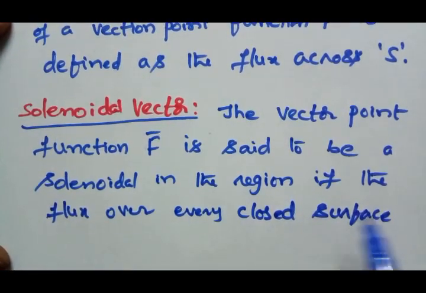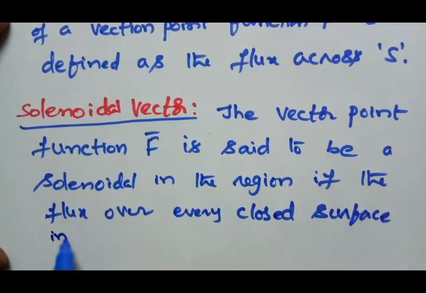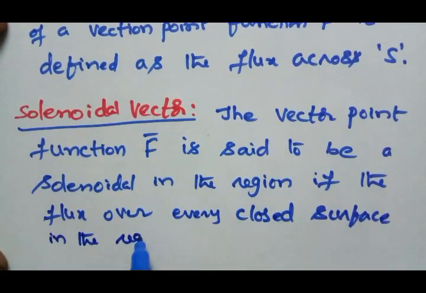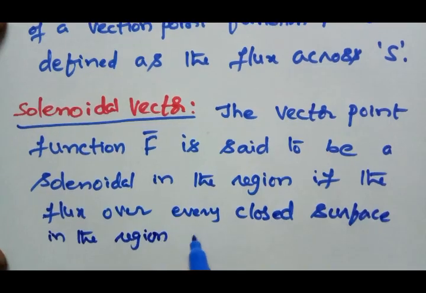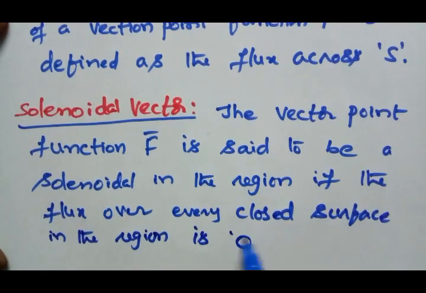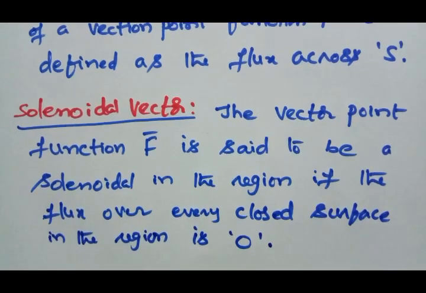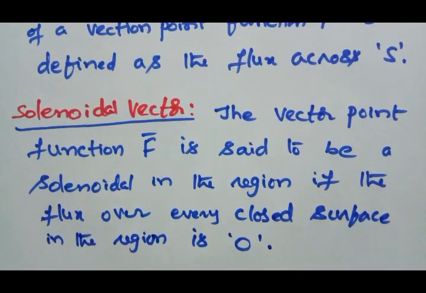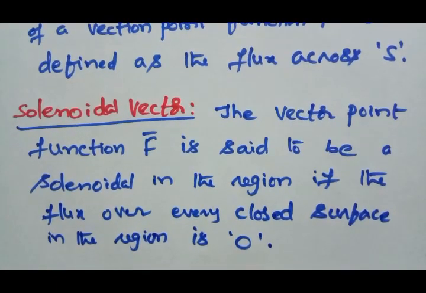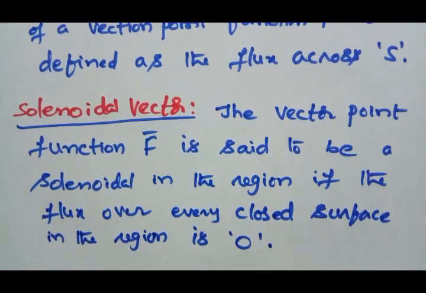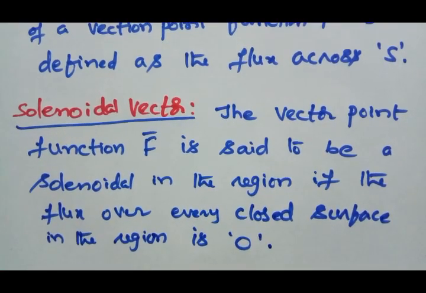So if the flux over every closed surface in the region is zero, then f bar is said to be a solenoidal vector.